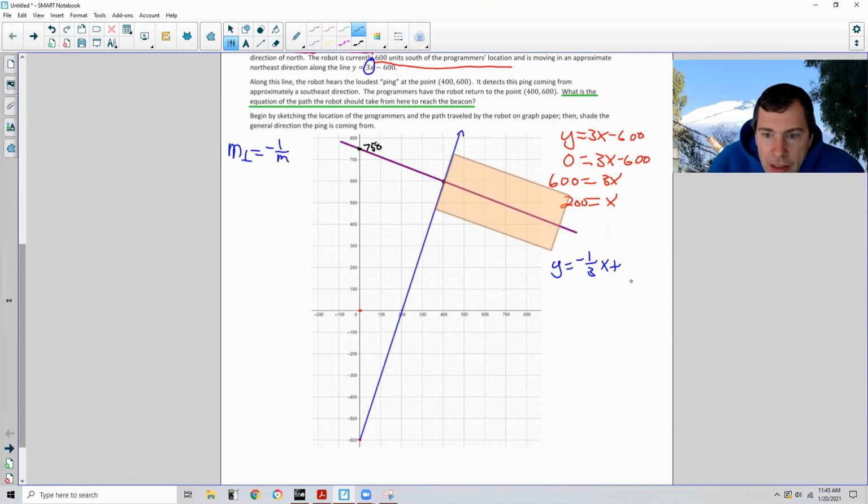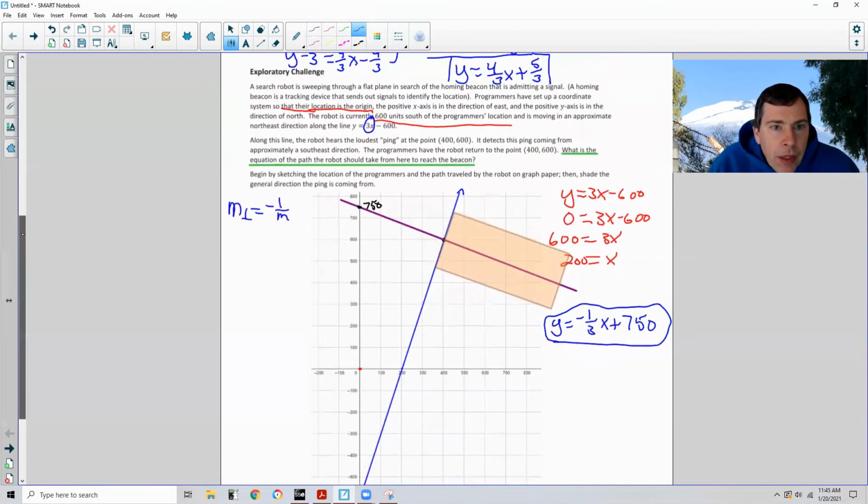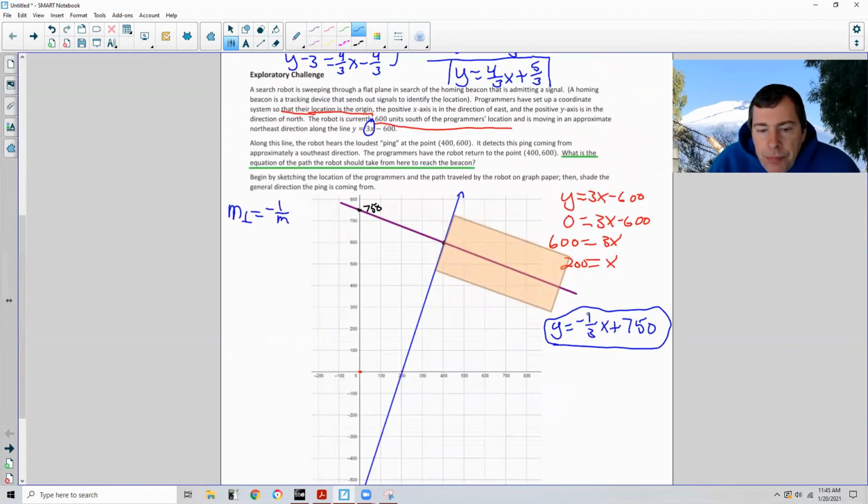So that is my b. So y equals negative 1/3 x plus 750 should be the equation of the path that this robot travels to search for the ping of the beacon. Alrighty.